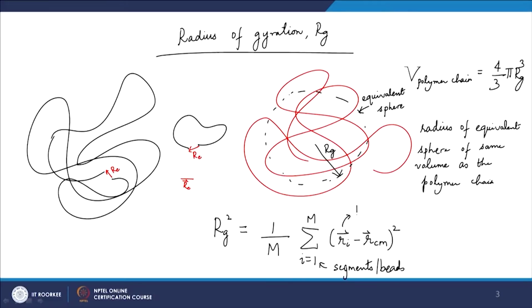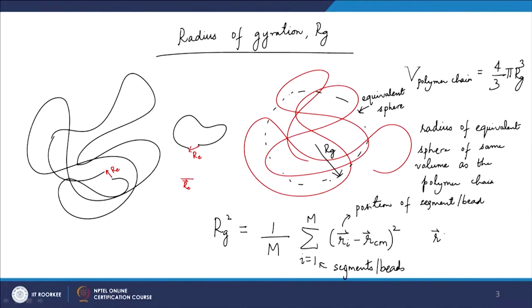Within a theoretical model we can think of Ri as the position of a segment or a bead, and within an experimental situation we can associate, for example, the position of a carbon atom or something that we can see.